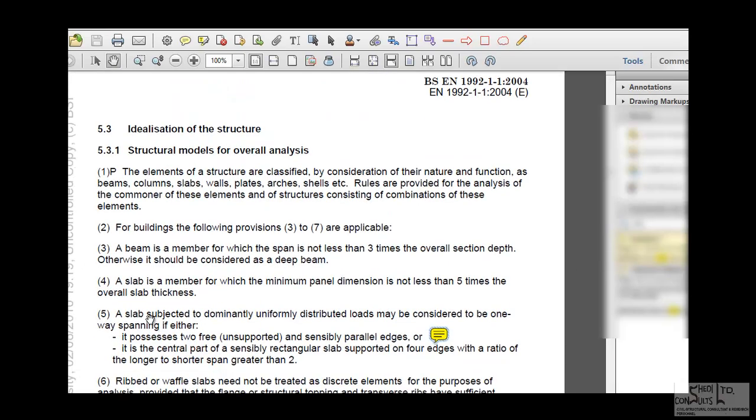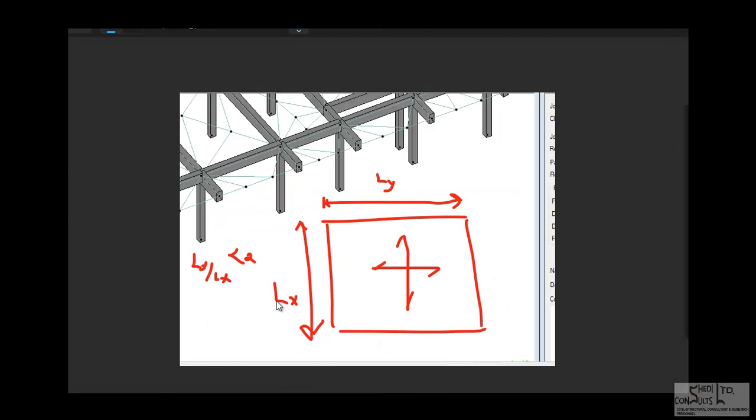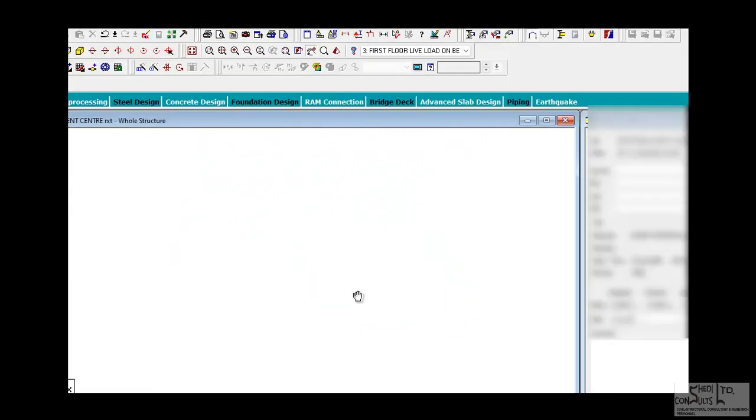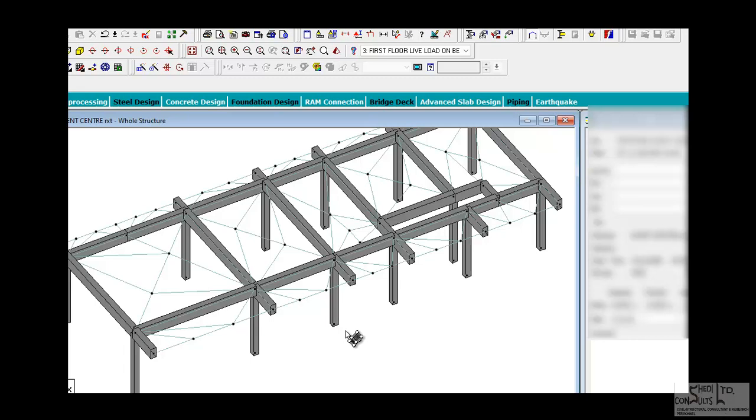Clause 5.3.1 defines the slab geometry as either a one-way or a two-way spanning slab, and subsection 5 gives the explicit definition of what a two-way or a one-way spanning slab is, but that's not the crux of this basic conversation.